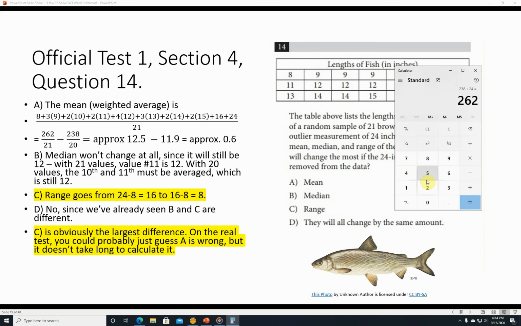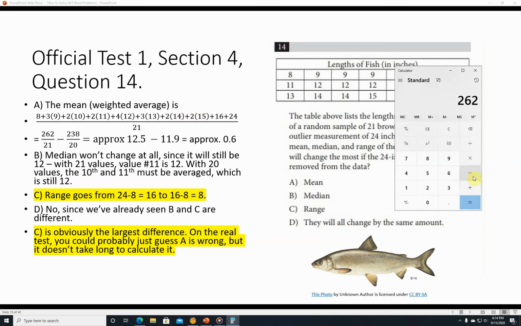And so that's 262. We're going to divide that by 21, so we get 12.476, and so on. Okay, so then what we'll do is we will subtract that. All right, what we're going to do, we'll just add that to the memory. Then we're going to clear it out, and then we can do the same thing. We do 262.